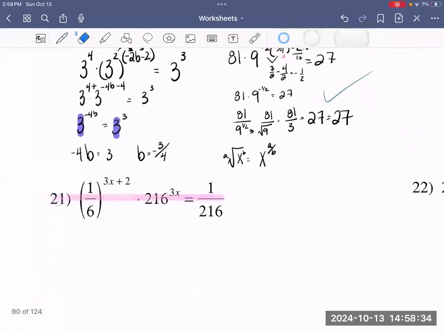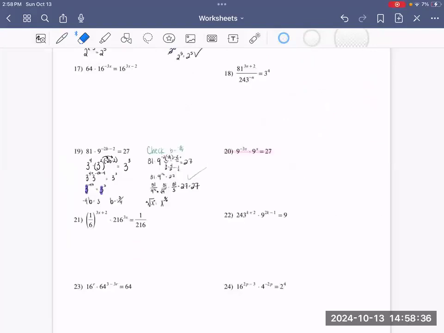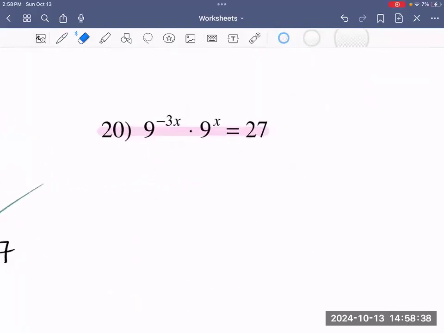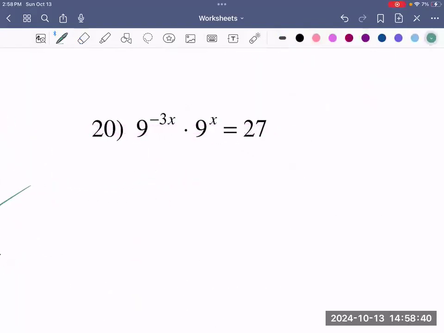So once more, I think we only have a couple more. Let's do 20 before I move on to the other one. Again, with these ones, your exponents here, we can do a 3. Oh, and I didn't even change it. We have 3 squared to the negative 3x. And if you wanted to, you didn't even have to.